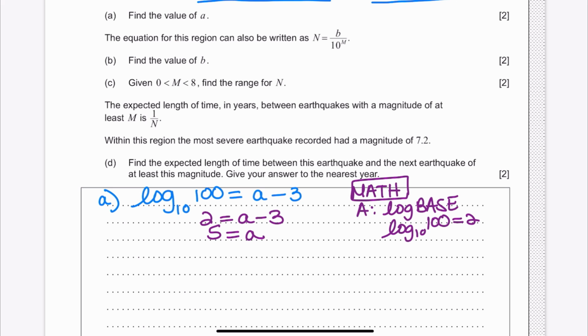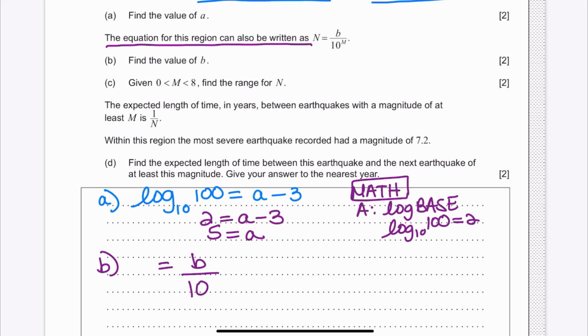For part B, the equation for this region can also be written as N equals B over 10 to the M power. Find the value of B. Okay, so I'm going to write down N is equal to B over 10 to the M power, and I'm going to replace it with the information that I know, which is that N, in this case, is 100 and M is 3.